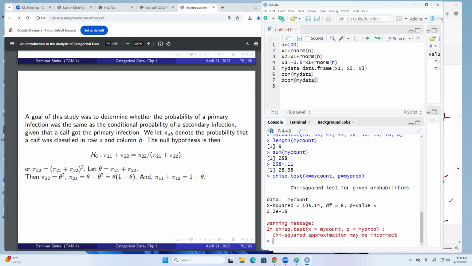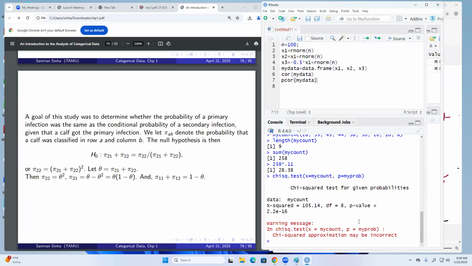if you have a large sample. Now, how do you verify a large sample? If the expected count for every category is 5 or more. So what are the expected counts for every category for this problem?